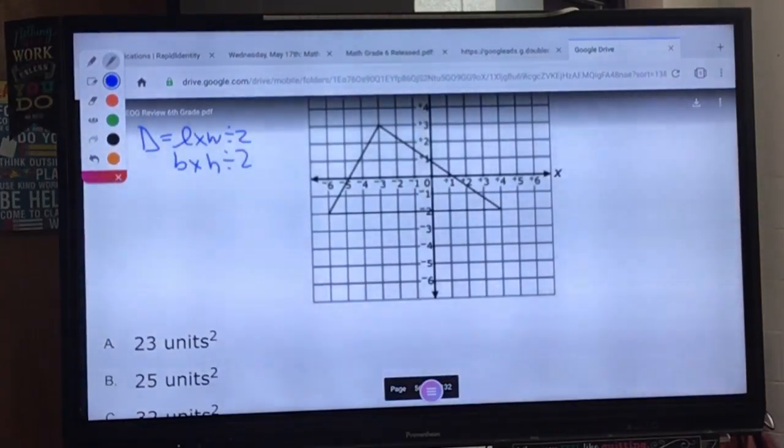Alright, what do we have to do here in order to solve this problem? Because we don't have any numbers. So what do we have to do? Zoe, what do you have to do in order to be able to solve this problem?